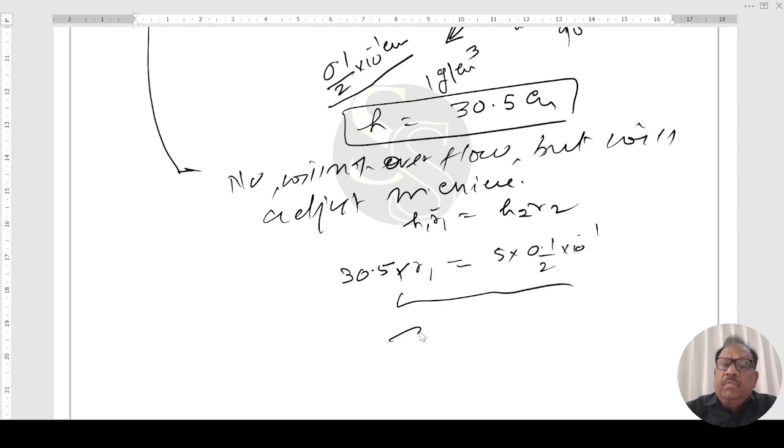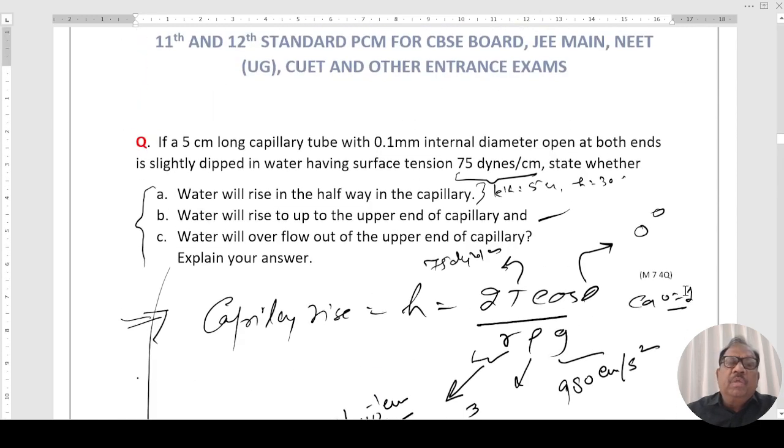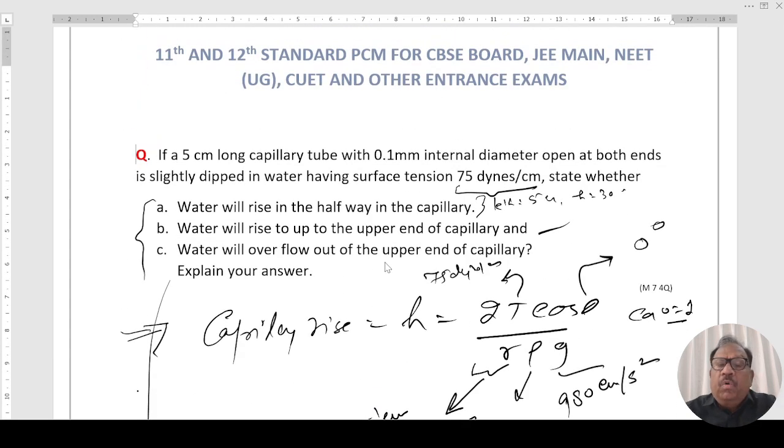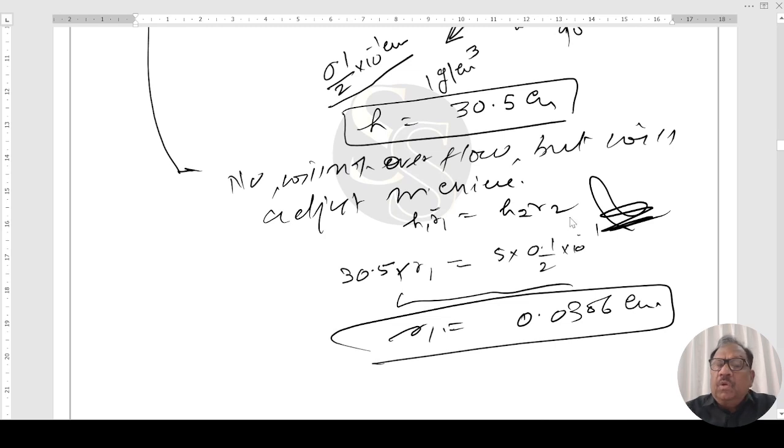On simplification, we get R1 comes out to 0.0306 centimeter. This is the answer. Means water will not flow out of the upper end of the capillary. It will adjust its radius according to the formula H1 R1 equal to H2 R2. Right?